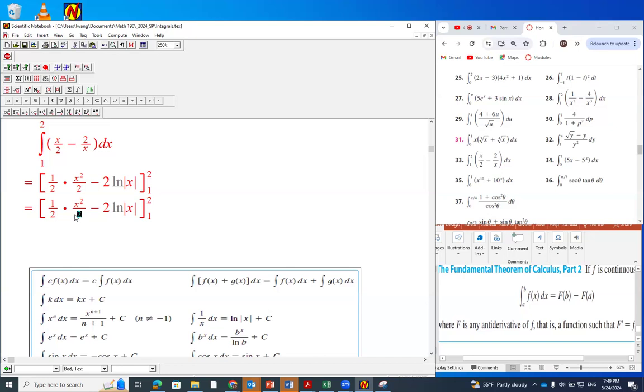Then you organize your terms a little bit. That's going to be x squared over 4 minus 2 times ln x. By this time, you can apply the fundamental theorem of calculus part 2.